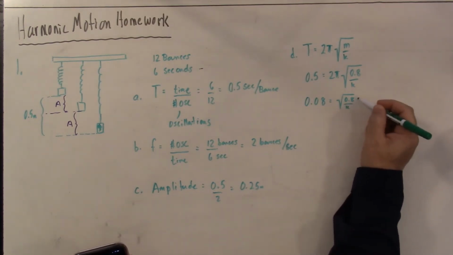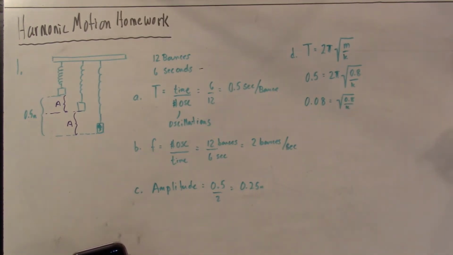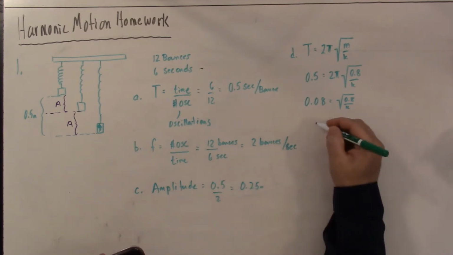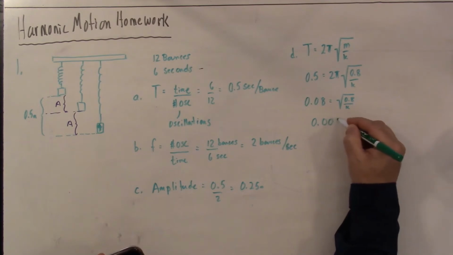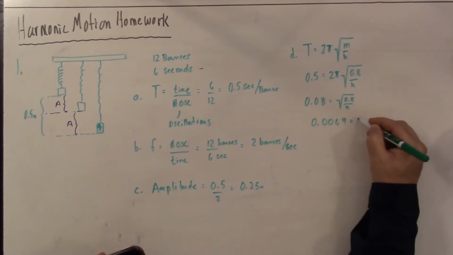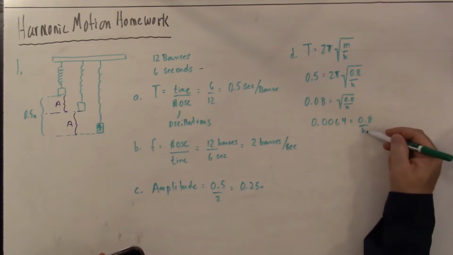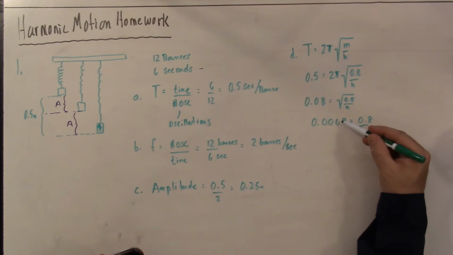Now, once I have this, I need to square both sides to get rid of that square root sign. So I have 0.0064 is equal to 0.8 over k, which is the spring constant. I'm going to multiply both sides by k and divide both sides by 0.0064.